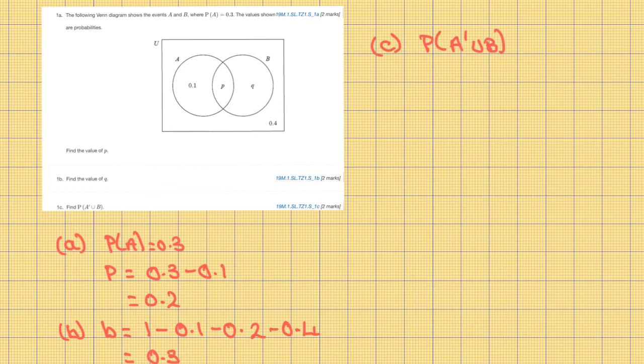So this part is not included. So let's make that diagram a little easier to understand. So we want everything that is not in here. So therefore we want everything that is in this section here, which is equal to 1 minus 0.1, which is equal to 0.9.